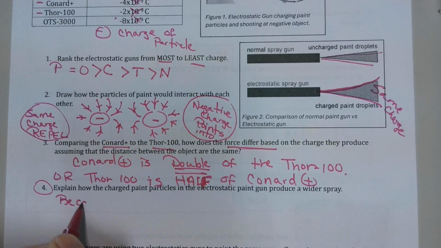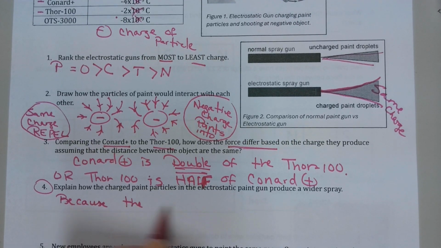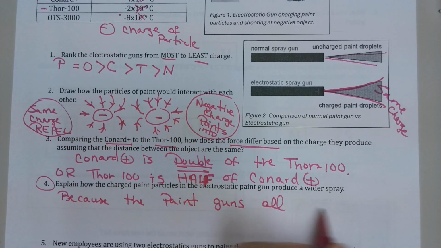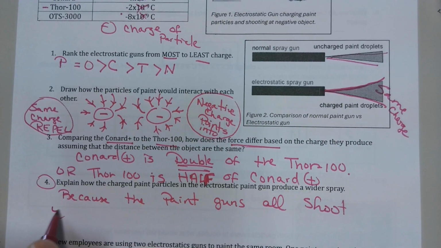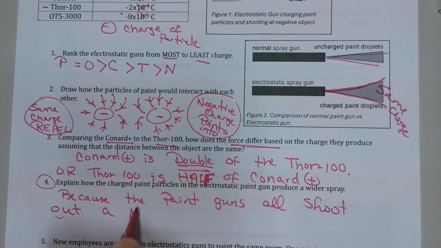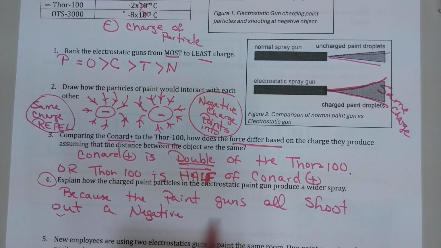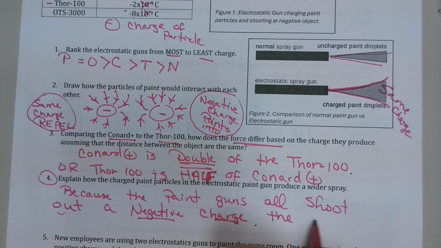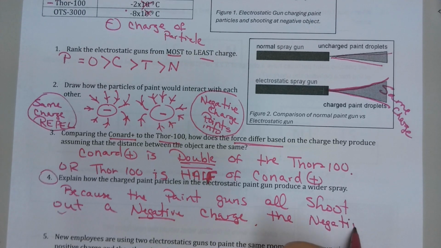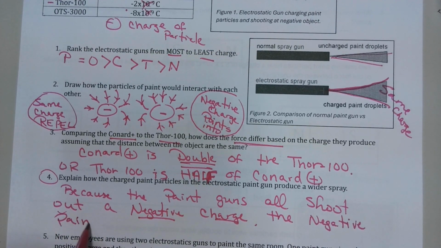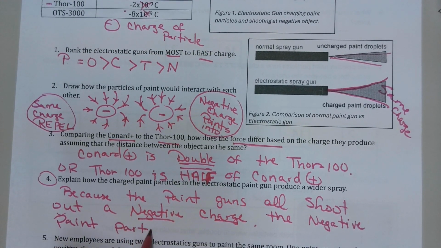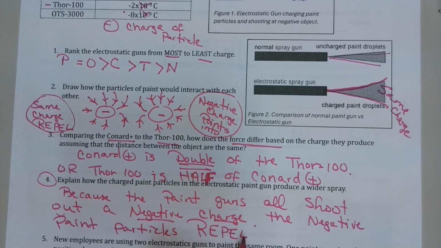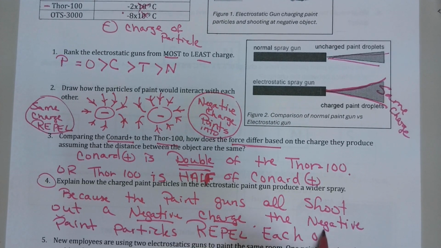Because the paint guns all shoot out a negative charge, the negative paint particles repel each other.